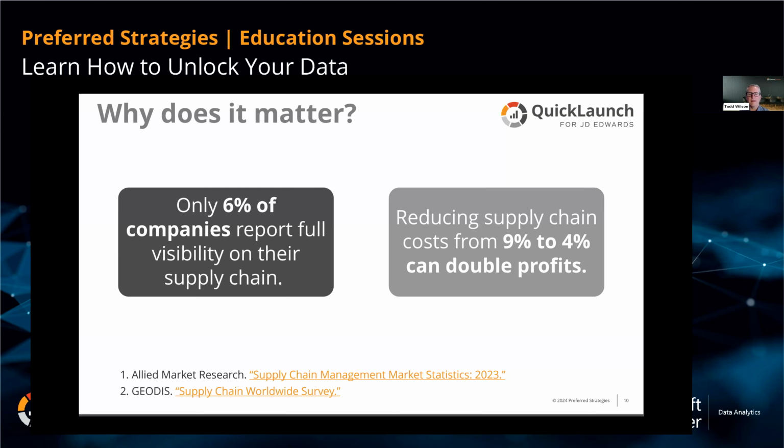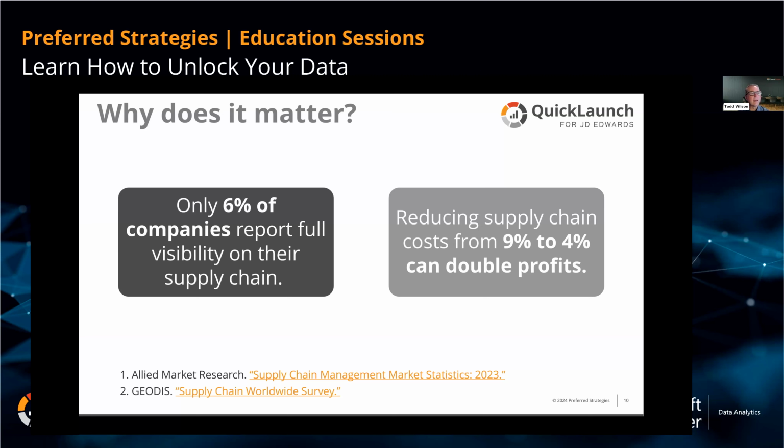And the good news is that improving data strategy across our supply chain and outside of our supply chain really does drive those actual financial results.